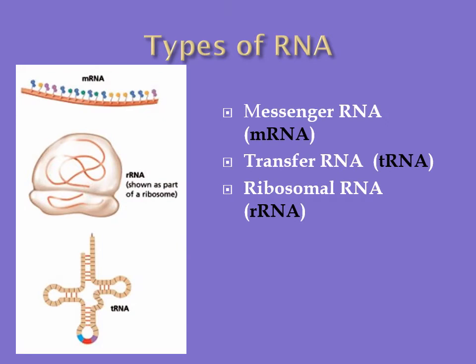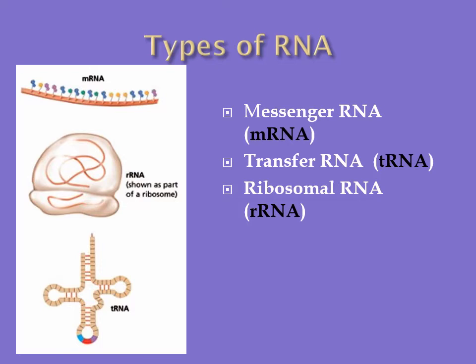There are 3 types of RNA in our cells. The first type is messenger RNA, and its job is going to be to take a message from our DNA and use it later on to make a protein.